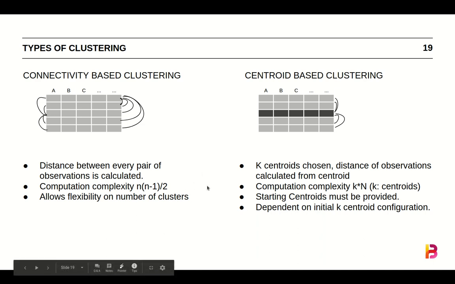nC2. If you have studied permutation and combination, you can expand it into n times (n minus 1) by 2. So you need not remember the formula. Why I'm talking about this formula is, you see this n into n is n square. That means the number of calculations required grows as n square. So if you had 5 observations, it would be 25.